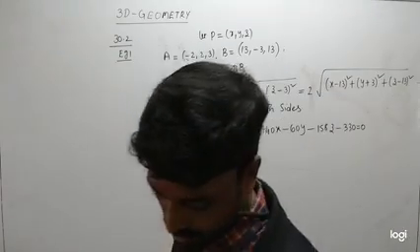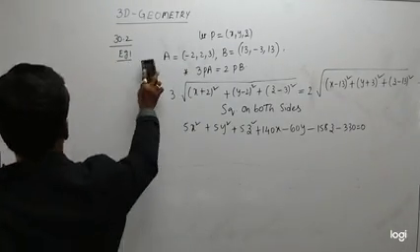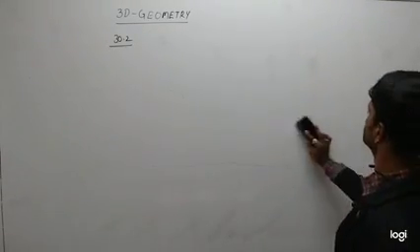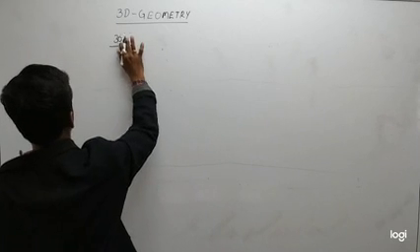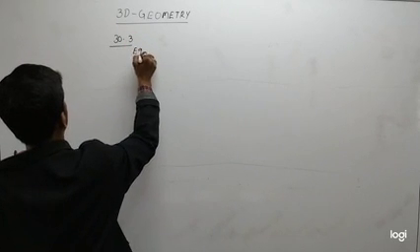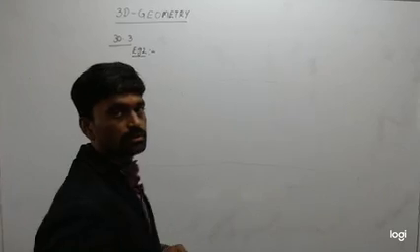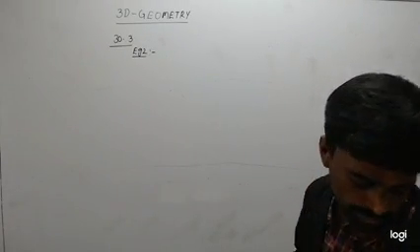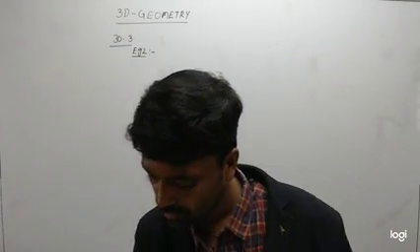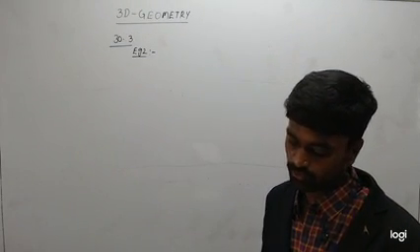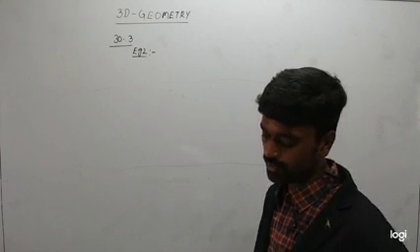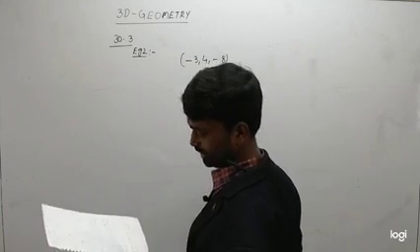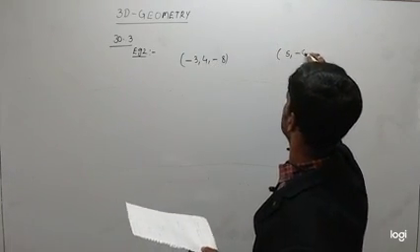Next, the second problem, page number 30.3, Example 2. What is given in example 2? Find the ratio in which the xy plane divides the join of (-3, 4, -8) and (5, -6, 4).